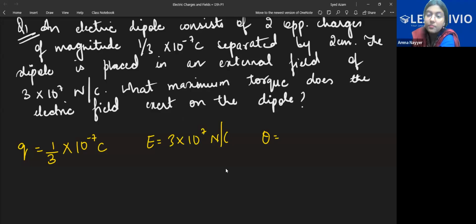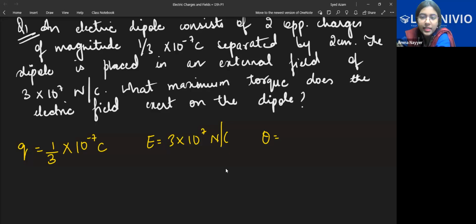What do you think the angle should be? Ma'am, 180? No, two opposite charges means that it is forming a dipole. Okay, so that's why two opposite charges, one positive, one negative. Think of the cases, the 3 cases we did.